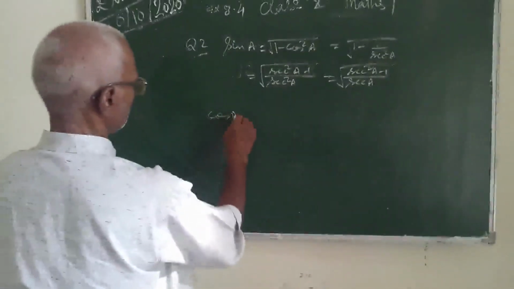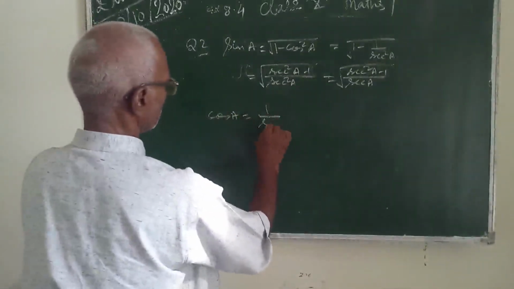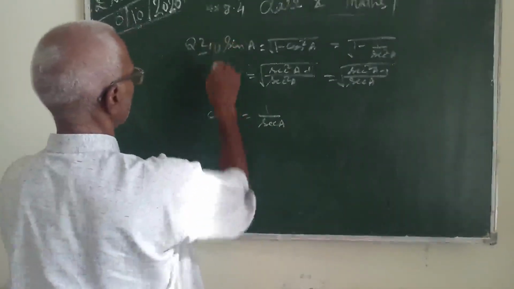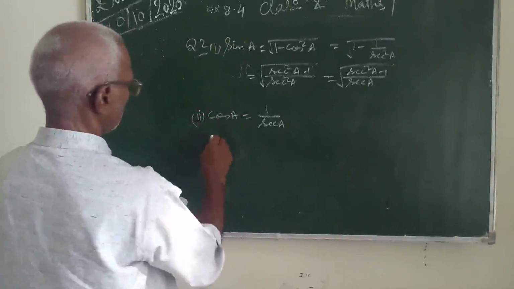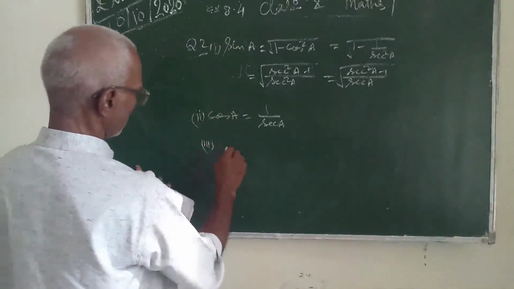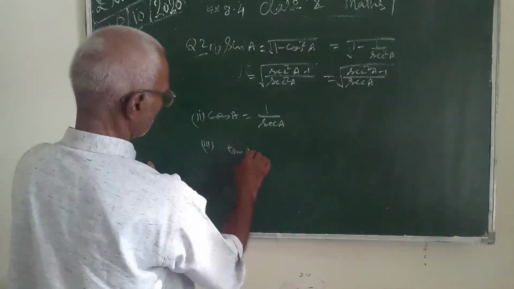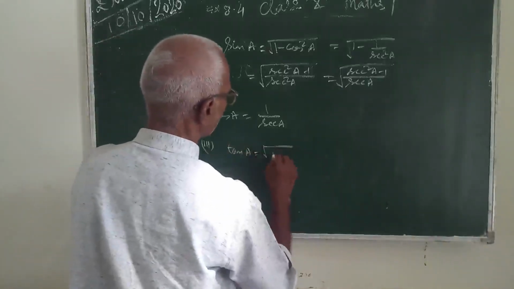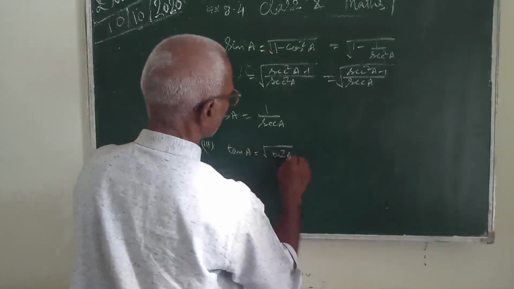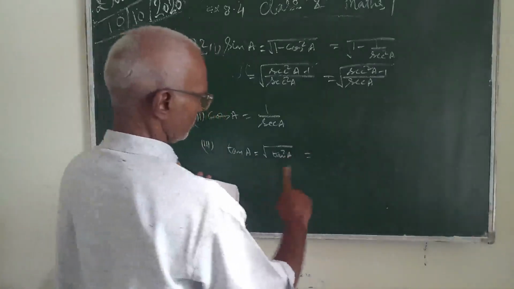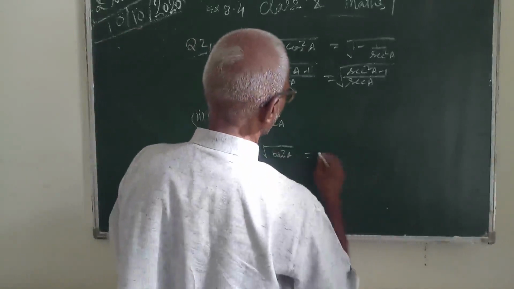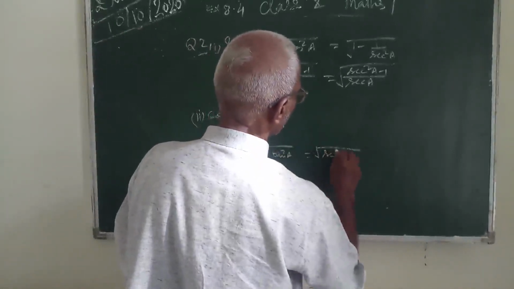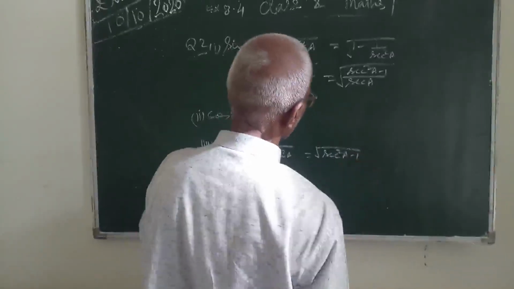Cos A is simple, it is 1 upon sec. It is first, it is second. Then third is tan A, which is equal to root of tan square A. And one formula is there, 1 plus tan square A is equal to sec square A. So this can be written as sec square A minus 1.